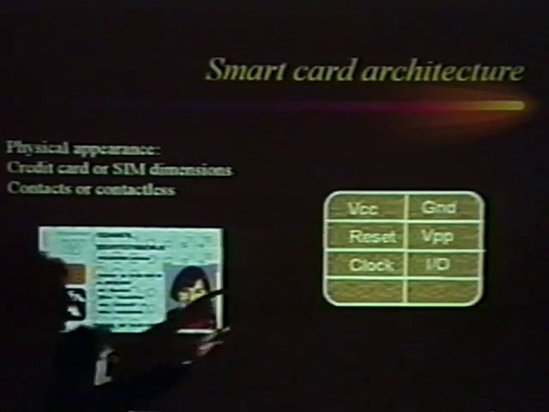The protocol that's being used is very much similar to the RS-232 protocol. And then finally, the one in the middle at the right, VPP, it's a contact that's no longer used. It's the programming voltage for the internal E2PROM. But nowadays, smart cards have their own facilities to make this programming voltage. So, in fact, we are using 5 contacts nowadays.